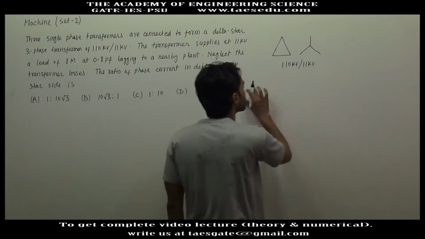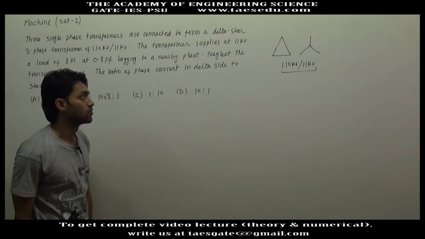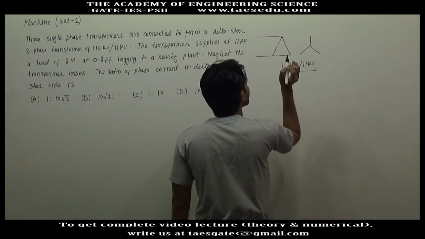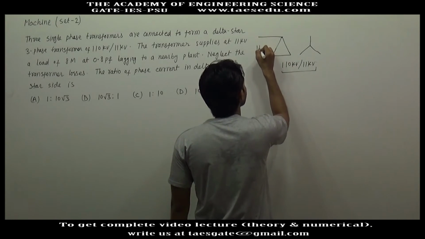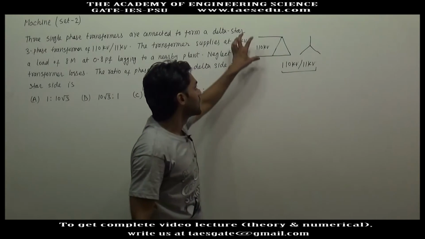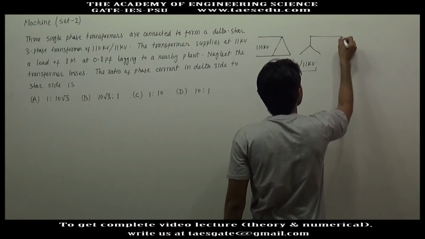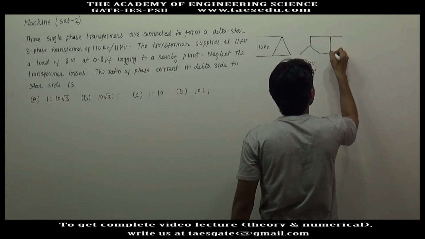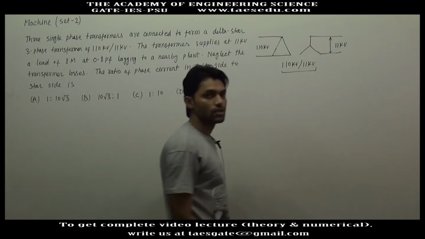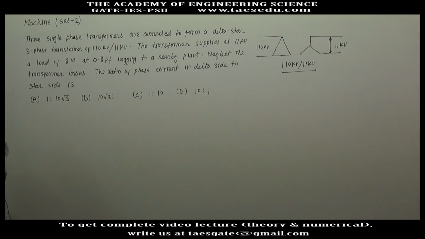In three phase transformer, we have studied that this voltage ratio is line to line voltage ratio. It means here line to line voltage is 110 kilovolt. If on delta side line to line voltage is 110 kilovolt, then on the star side line to line voltage will be 11 kilovolt. This is not phase voltage ratio, this is line voltage ratio.